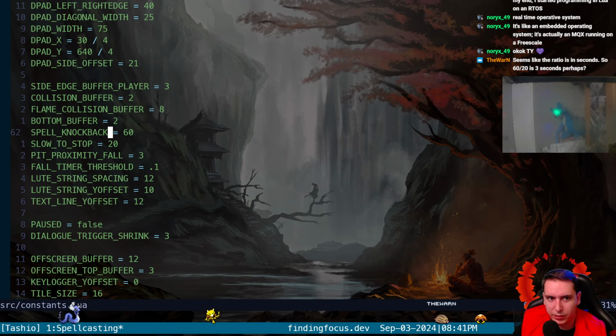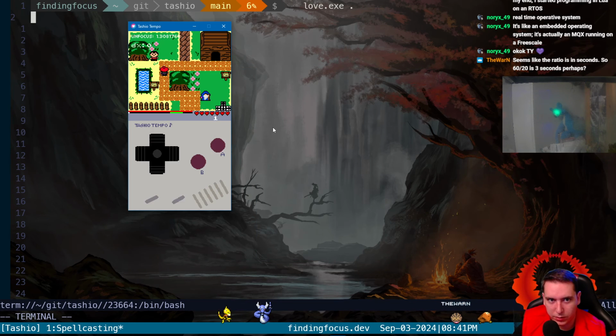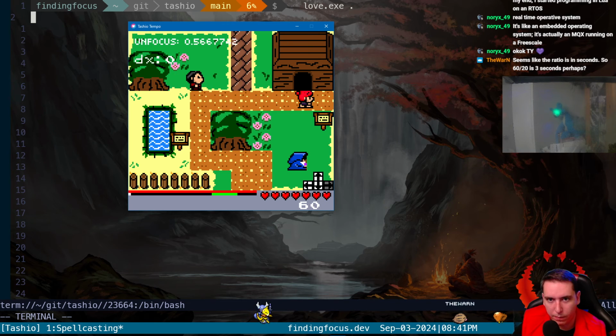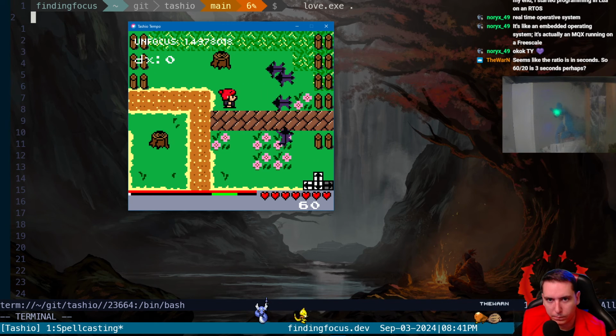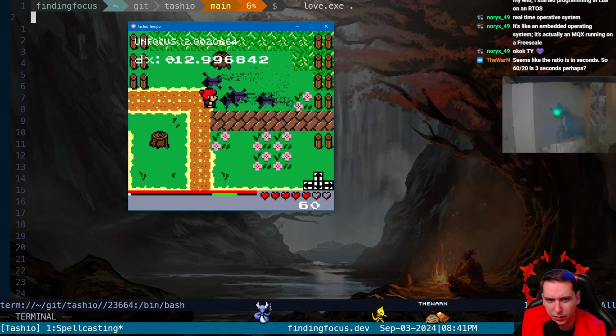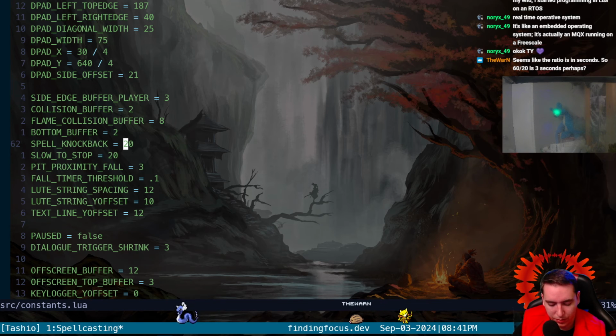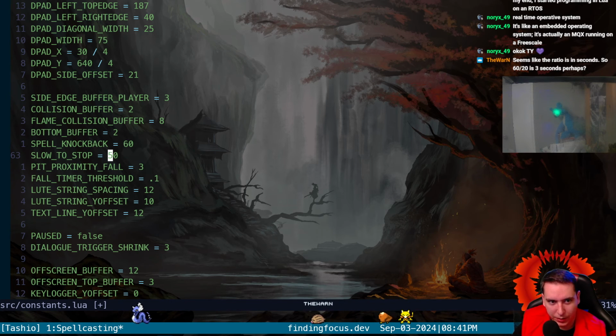So if we want it to be like 1 second, we would just have the same value. Well, let's see. Knockback at 20, slow to stop at 20. Let's see if it's 1 second of time now. Okay, yeah. But we need the knockback to be stronger, so maybe 60 knockback.